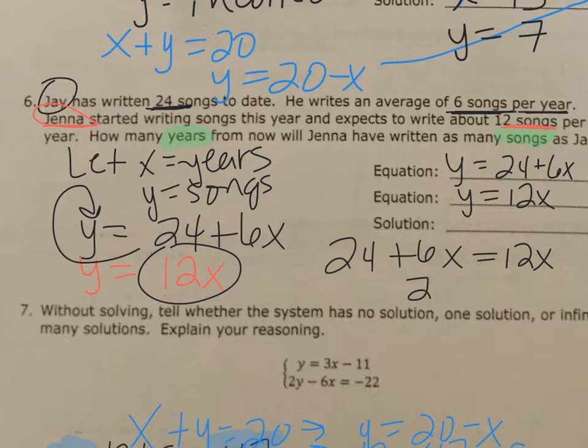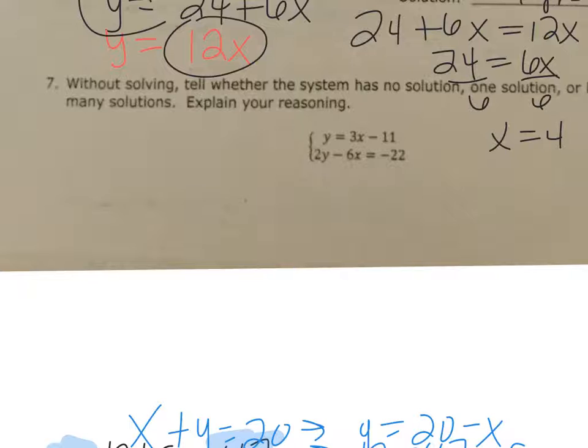Subtract 6x from both sides, and you get 24 equals 6x. Divide by 6, and x equals 4. Okay, so the question just asked, how many years from now? So that would be 4 years. The ordered pair then, y would be 48. So after 4 years, they both will have written 48 songs. But we only need that one.